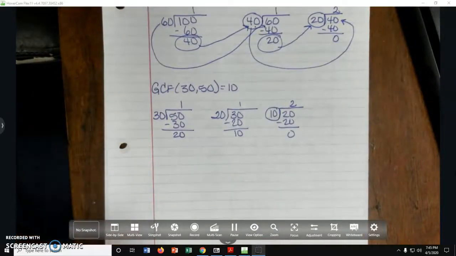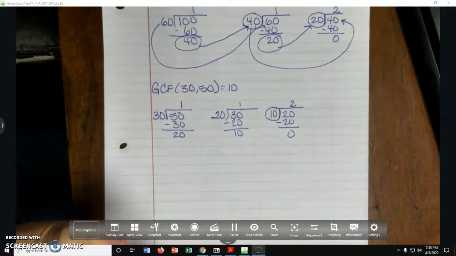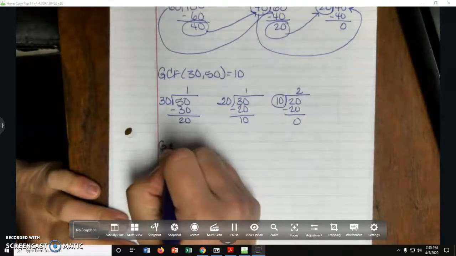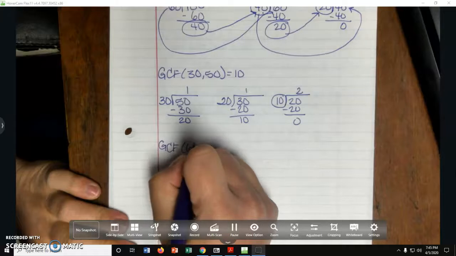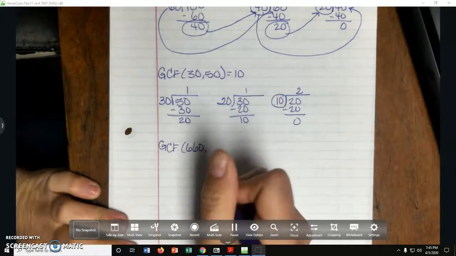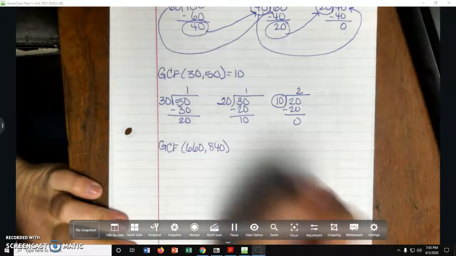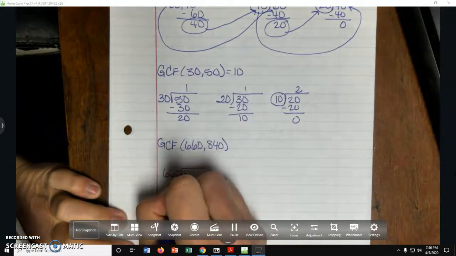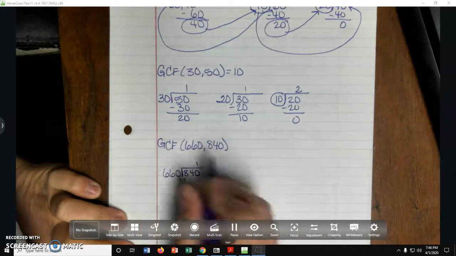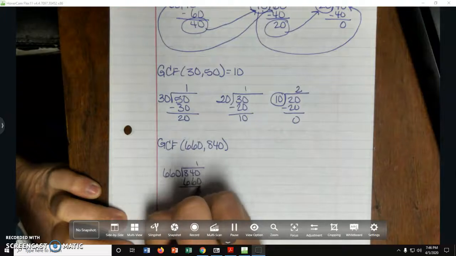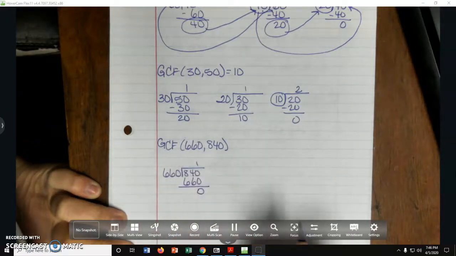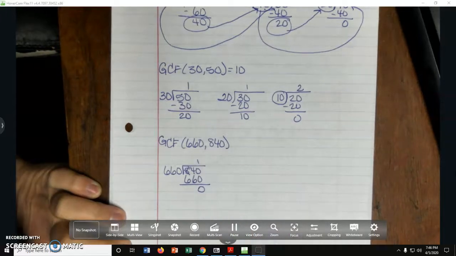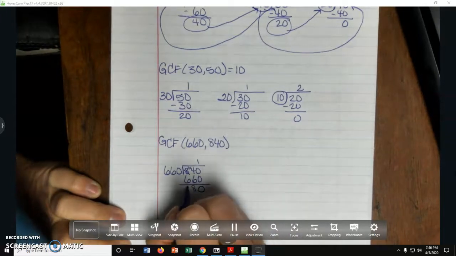All right, let's jump over to this harder one. Let's do the greatest common factor of 660 and 840. We're going to divide these two numbers, 840 divided by 660. Sorry, my phone is ringing over here. 180.